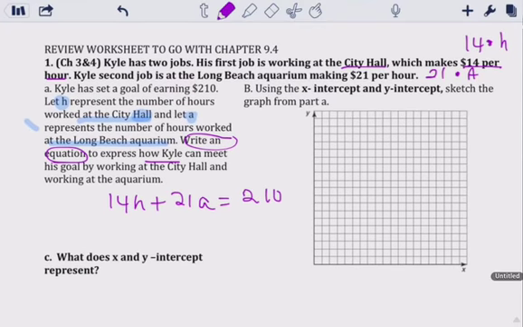Now if this is the case, it doesn't matter what you make for x and what you make for y. You need to identify it though. So you can say either way.